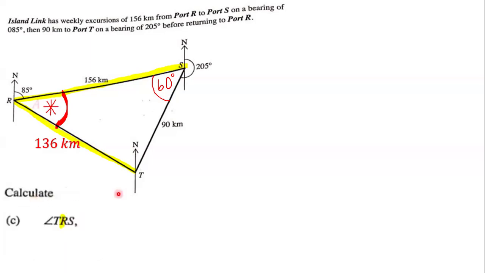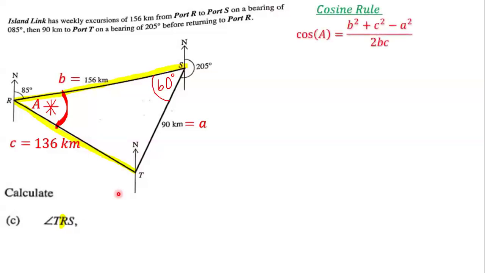Well, we're going to use the cosine rule, and the cosine rule for finding a missing angle is cosine of capital A is equal to b squared plus c squared minus a squared all over 2bc. Here we label capital A as this angle because capital A is the missing angle.